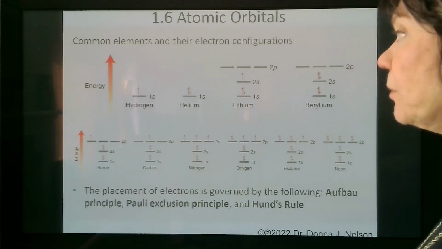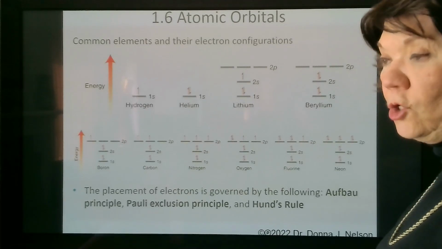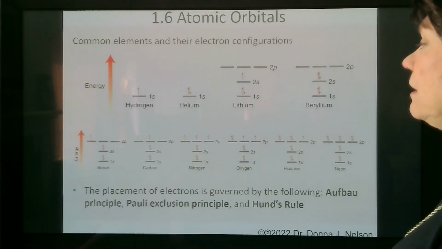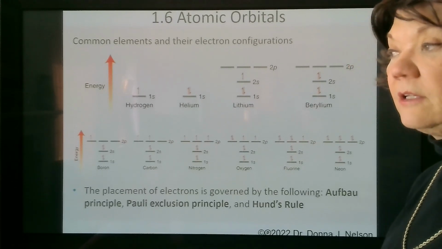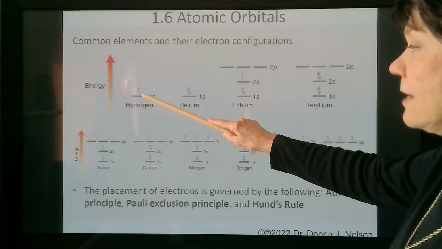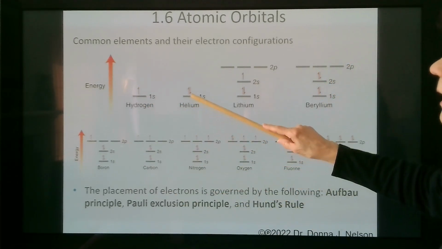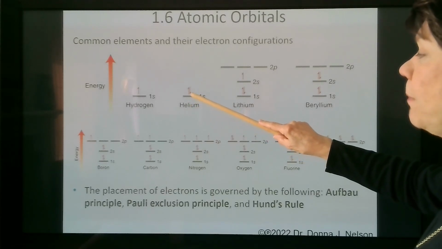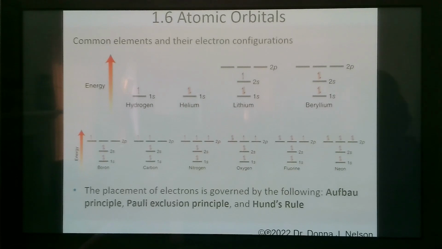So here are some common elements and their electron configurations. I don't think you need to memorize these, but it is good to see them and to know where they are in case you feel like you need to refer to them. So the hydrogen atom has one electron. It will reside in the 1s orbital. Helium has two. Notice they are both in the 1s orbital, and they have equal and opposite spin.